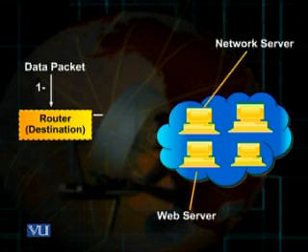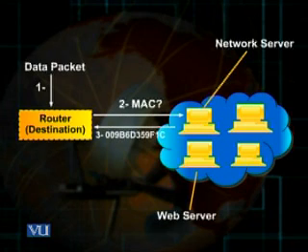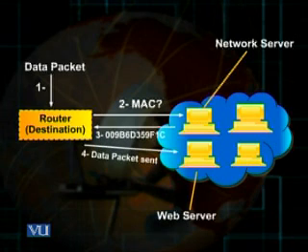The MAC address is inquired to the network server. The network server checks its list, finds the MAC address, and in step number 3, as you can see, it forwards the MAC to the destination router. The router then inserts that MAC address on the data packet and then delivers this precisely to that machine, to that web server for which this data packet had been sent. You can see this is step number 4 before you.